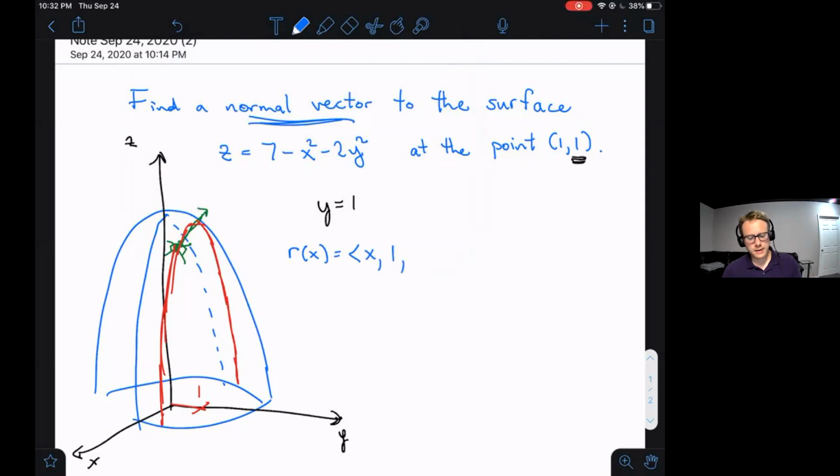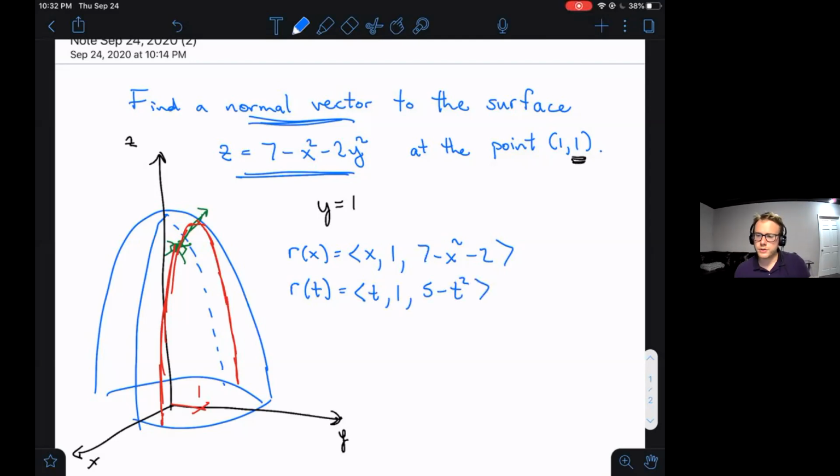And then z is going to be given by this equation here. It's going to be 7 minus x squared, and then minus, well, 2 times 1 squared is just going to be minus 2. And so again, if we would like this in terms of t for our parameter, that's perfectly fine. We can do that. And this is going to be t, 1, and 5 minus t squared.